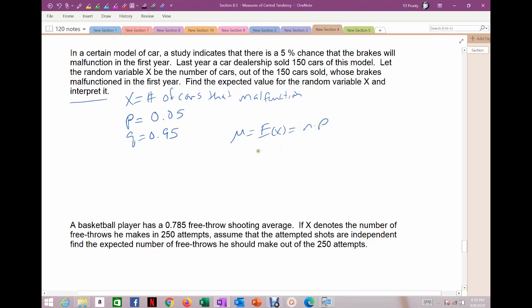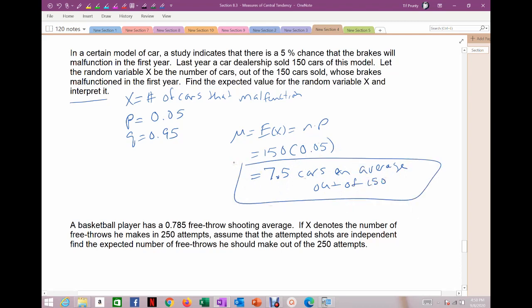N times P, so out of 150 cars, the chance they'll malfunction is 0.05, and so on average, 7.5 out of 150. Again, the half a car is okay because it's an average. If we had a whole bunch of groups of 150, so suppose there were 1,000 car dealerships in the United States, all of them sold 150 of these cars.